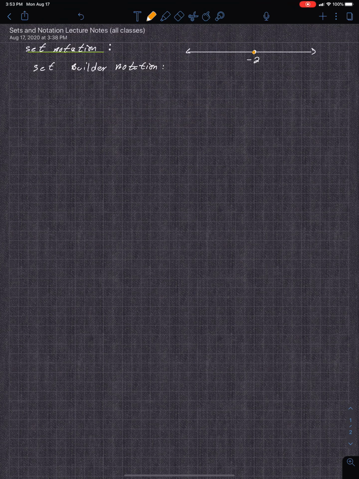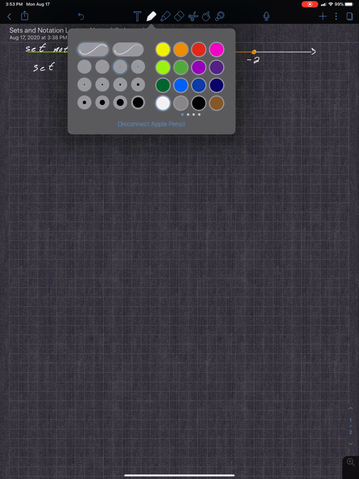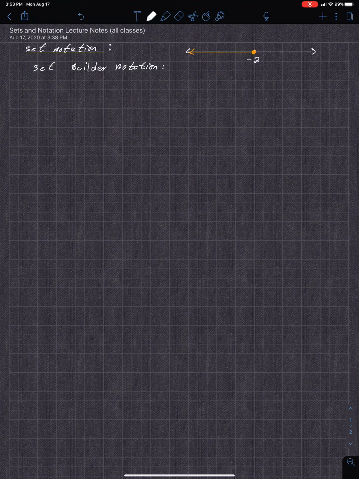So we're going to go here, and you want to go this direction. Okay, so we want to talk about that. So often what books mostly do is, up until like calculus at least, they would use interval notation. So your interval notation would be negative infinity to -2. But the set builder is what you start using more and more of to describe sets.